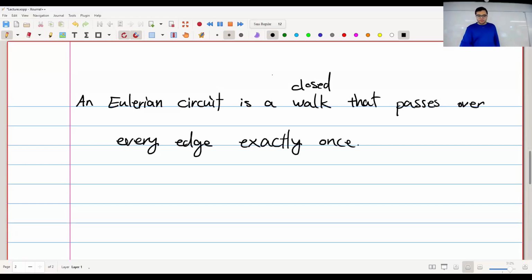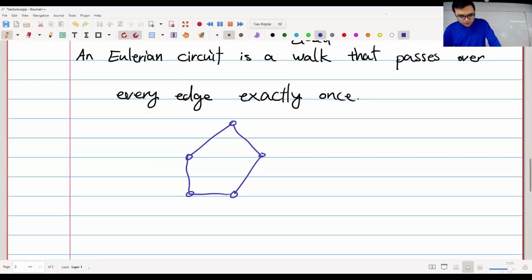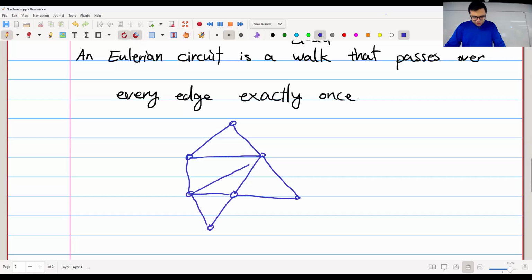Okay. So imagine that I have a graph and I have a walk. I'm actually drawing the walk. And this walk passes over every edge exactly once. Where did I start from?